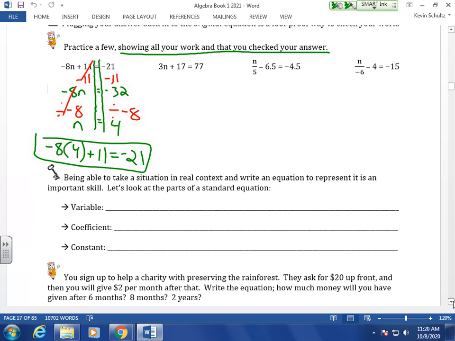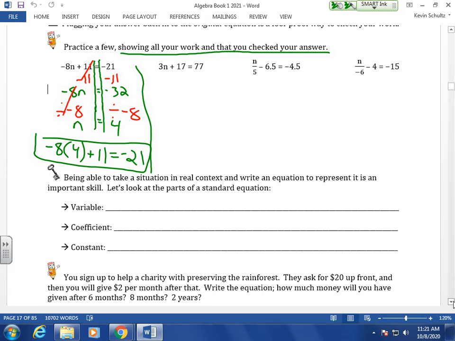The next one, I will not spend as much time talking about, but same idea here. They're called two-step equations because there are 2 steps required to solve them. Identify the operations in the equation. I'm multiplying 3 by n, and I'm adding 17. So let's just undo that.